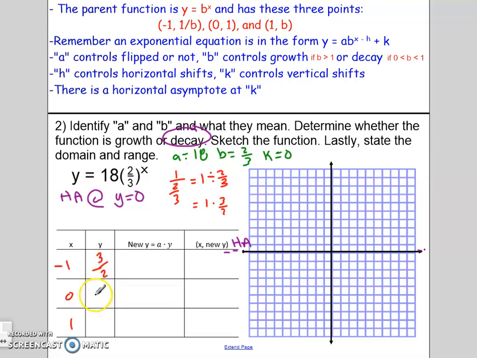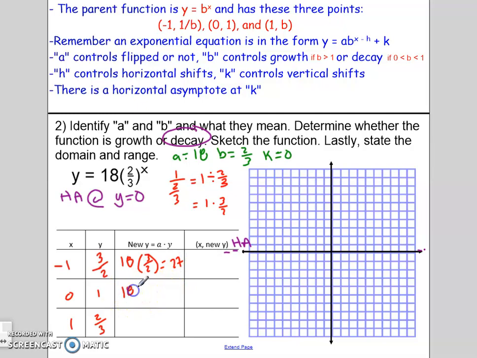All right, so for 0, again, it's 1. And then for 1, it is b, which is 2/3. So these are the original coordinates. Now I need to find my new y by taking 18, which is a, times the old y. So 18 times 3/2 is going to give me 27.